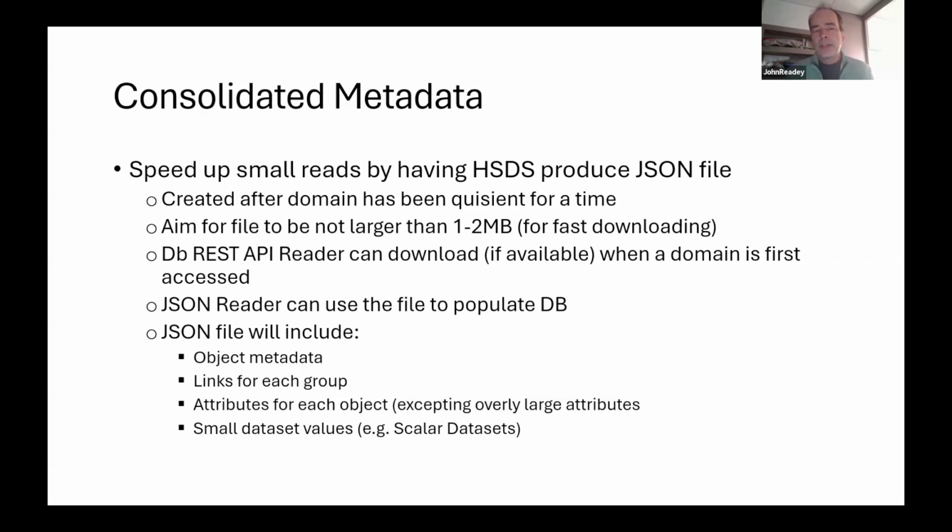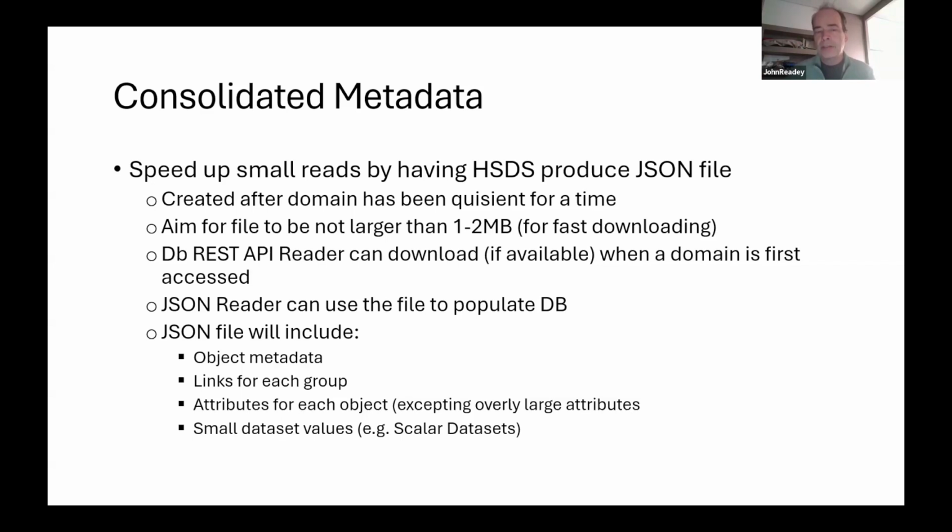And then when the REST API request to read that domain comes, it can download the JSON file as part of that first request accessing the domain. Then in the HDF5 database, we can keep all that metadata in memory.